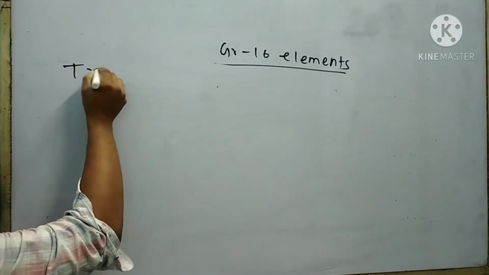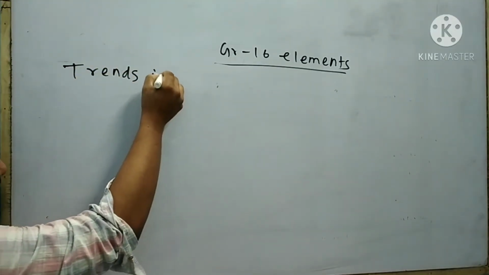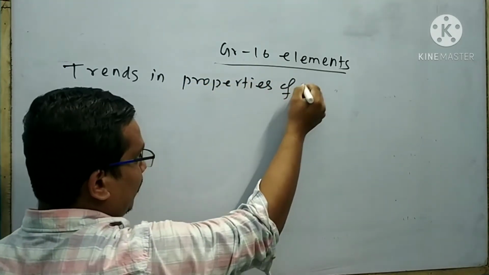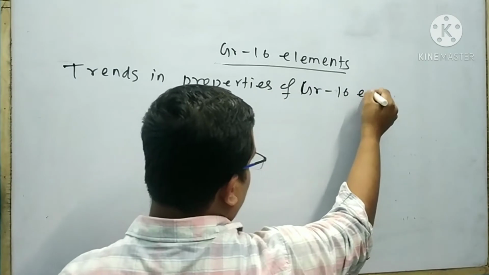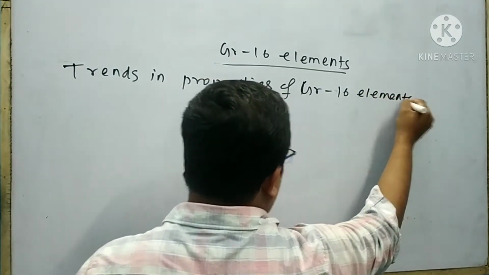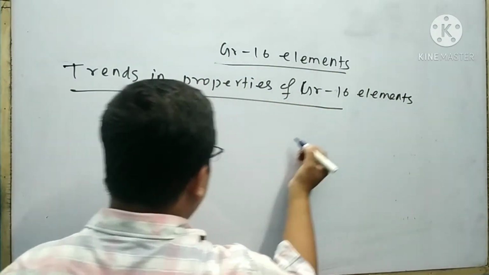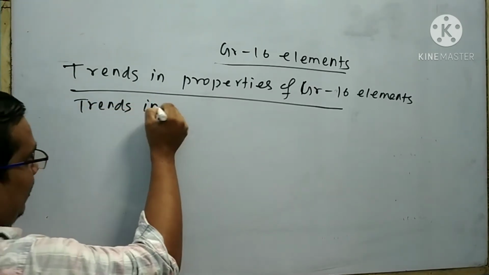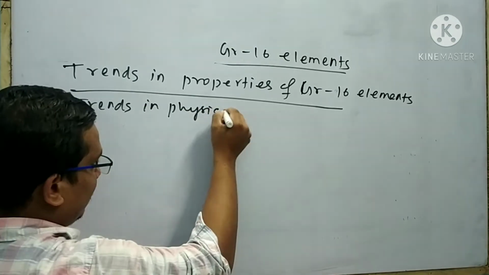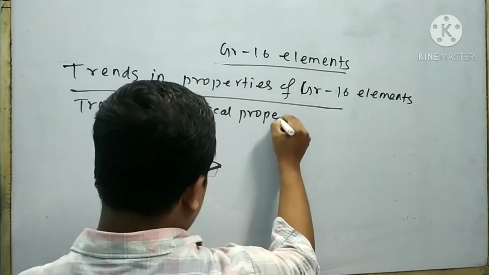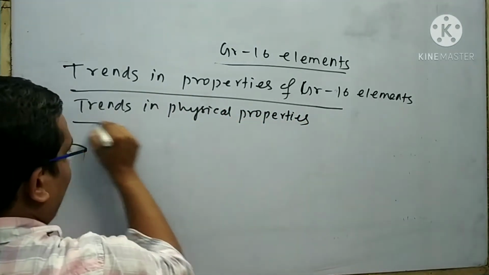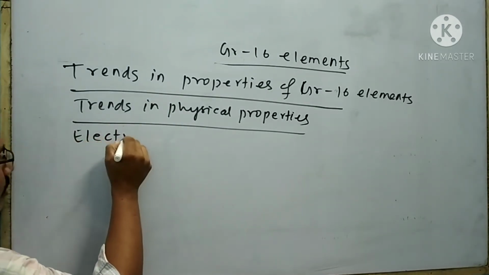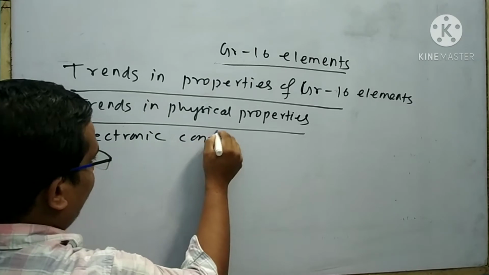Next, I will explain the trends in properties of group 16 elements. At first, I will discuss the trend in physical properties. At first, I will discuss the electronic configuration.